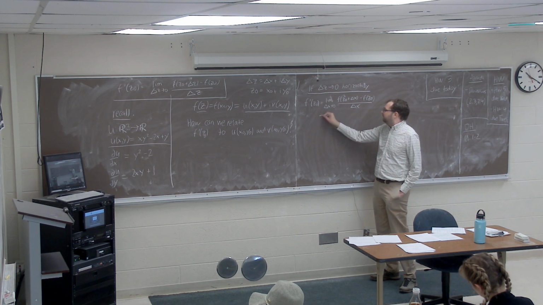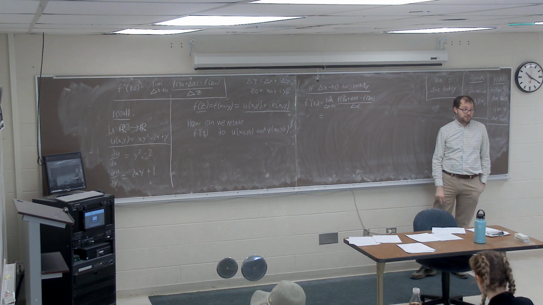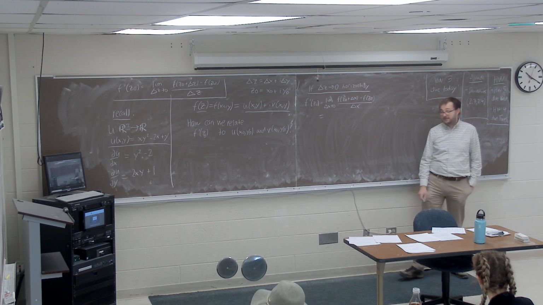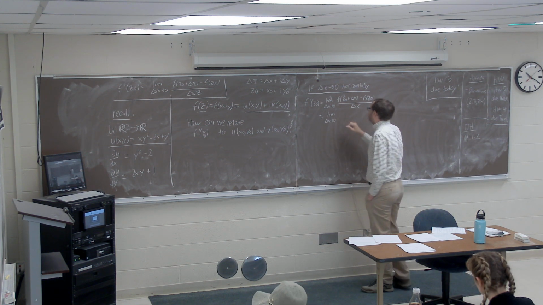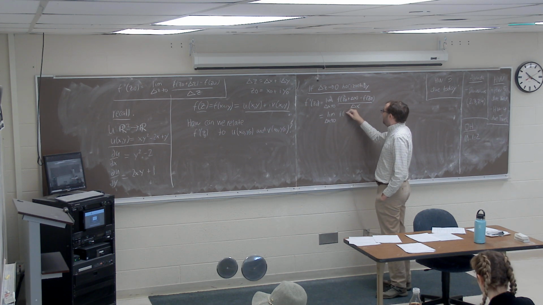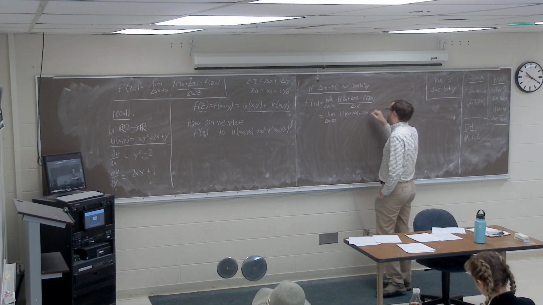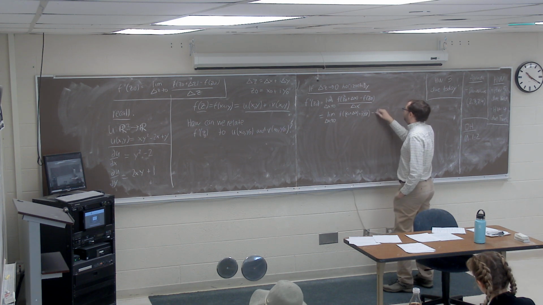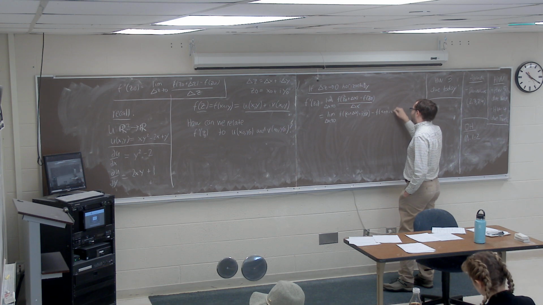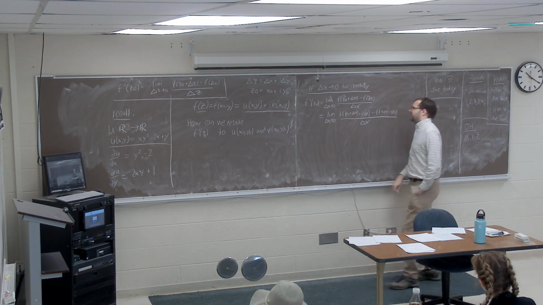And what I want to do now is, instead of writing out z naught, break z naught up into x naught plus i times y naught, to get a limit as delta x goes to 0 of f of x naught plus delta x plus i times y naught, minus f of x naught plus i times y naught, all over delta x.